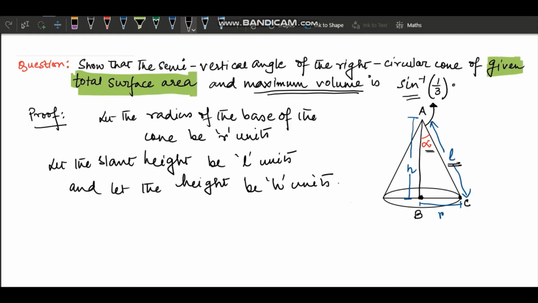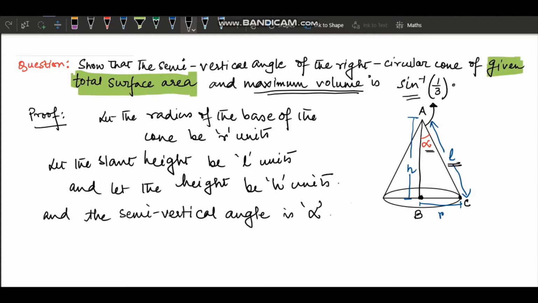And of course, we have taken the semi-vertical angle to be alpha. Let the semi-vertical angle be alpha, right?